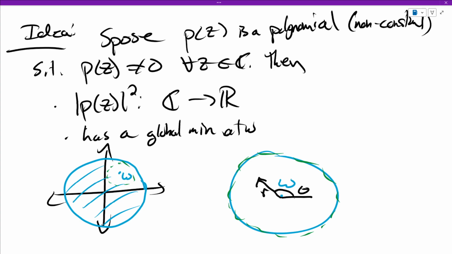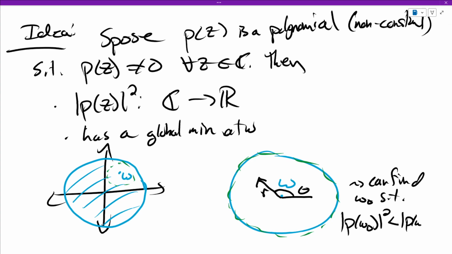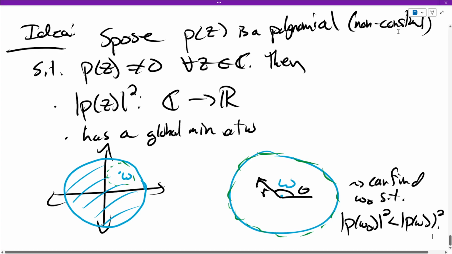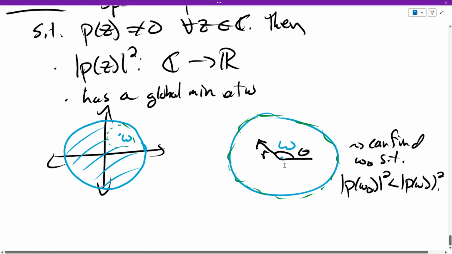And what you can do is you can probe with theta and r, and you can find some W naught such that the modulus squared of the polynomial at W naught is strictly less than P of W. And that's the contradiction. So we've contradicted that we have a global minimum. And the exact details of that are going to be left to you to read.